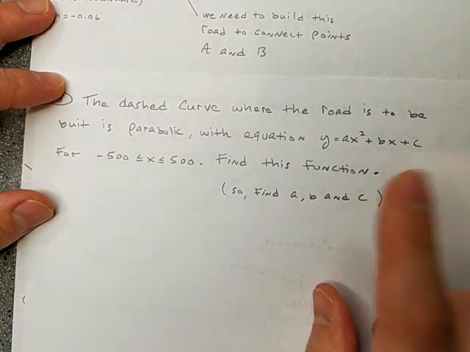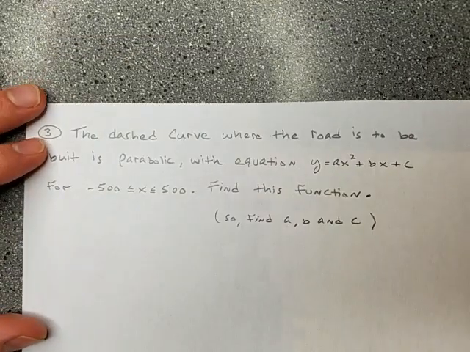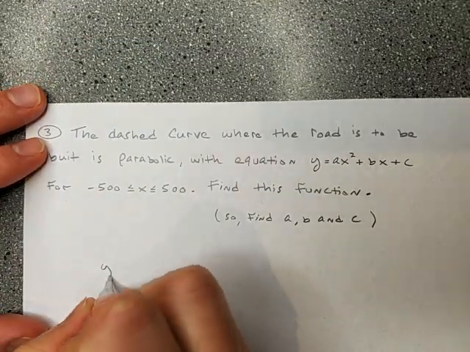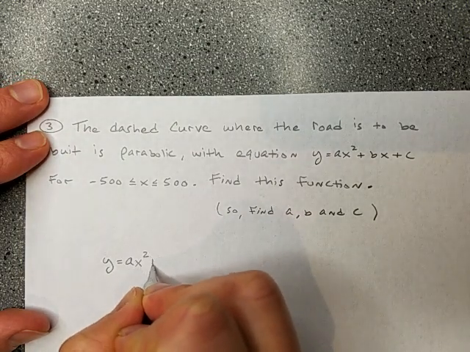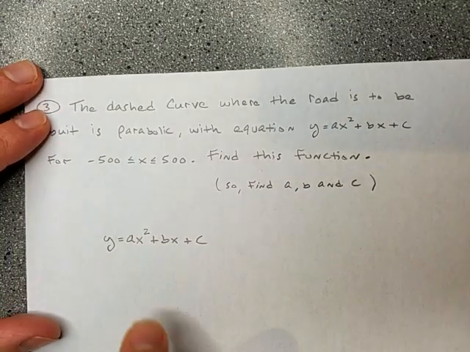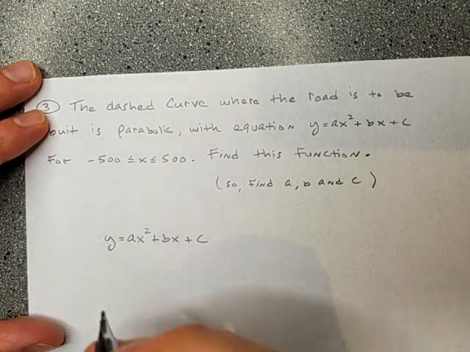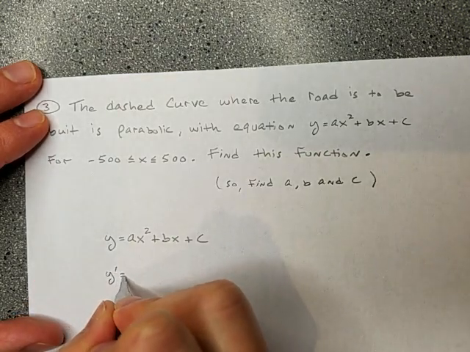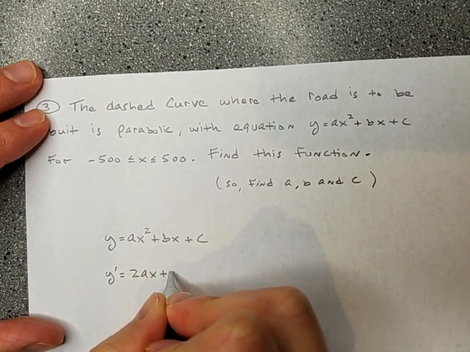All right. So, well, here's what we know about it so far. Let me do this. So y is equal to ax squared plus bx plus c. That's the equation for the curve, all right? This parabolic road, this arc. And y prime, what's the derivative of that? 2ax plus b.